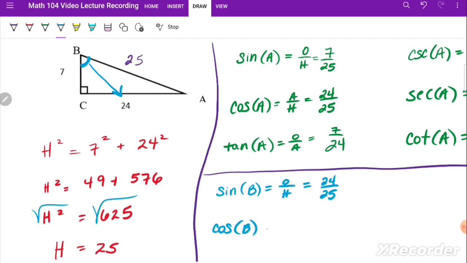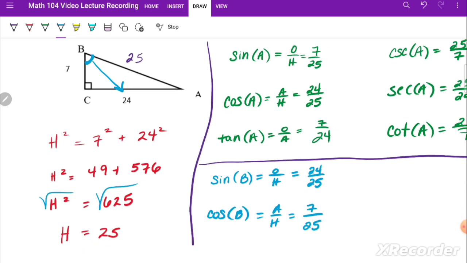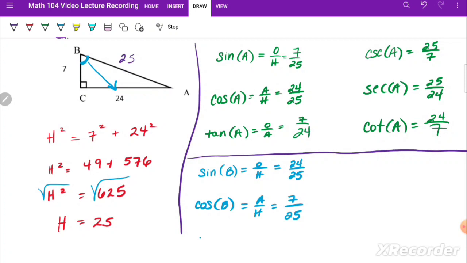Cosine of angle B is adjacent over hypotenuse. Adjacent side is now 7. Tangent of angle B, that's our opposite side divided by our adjacent side. That'll be 24 over 7.